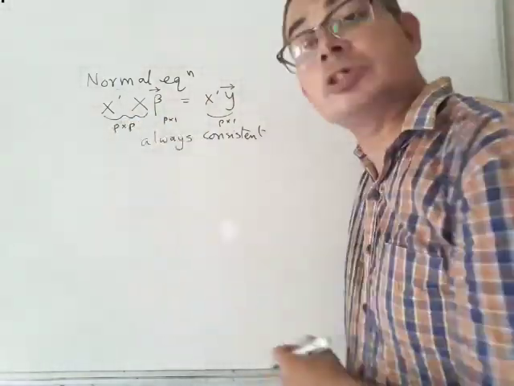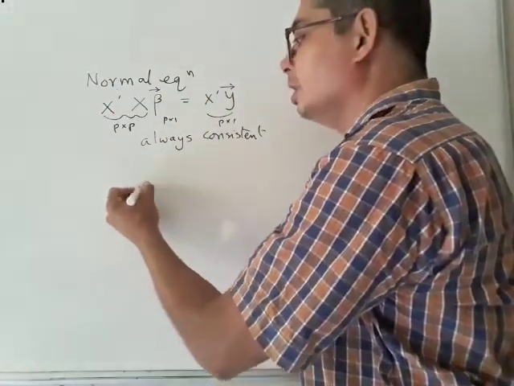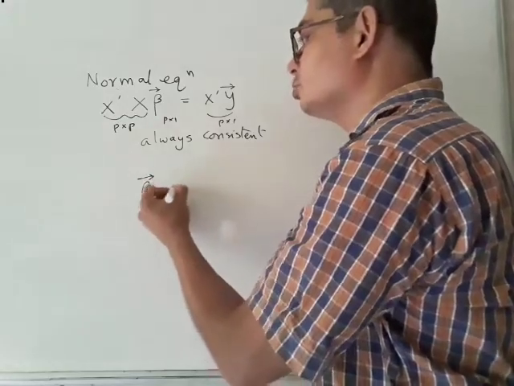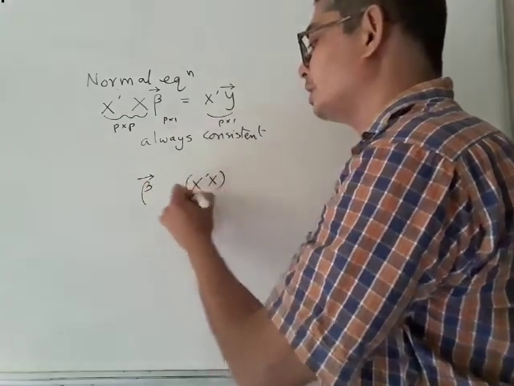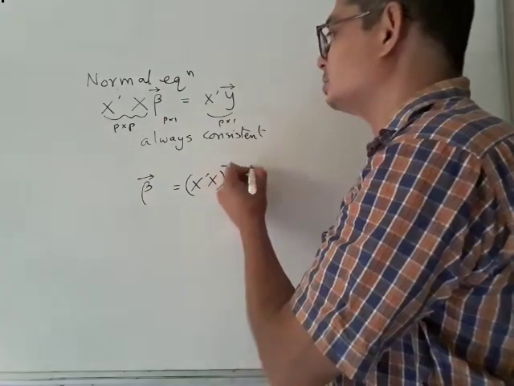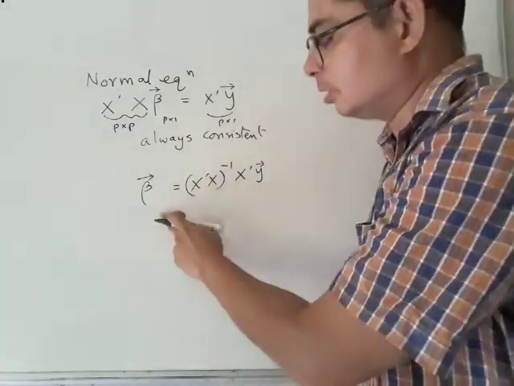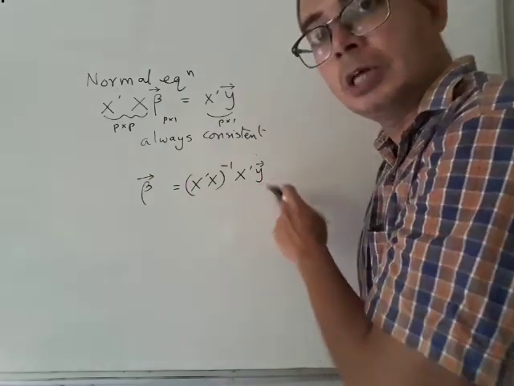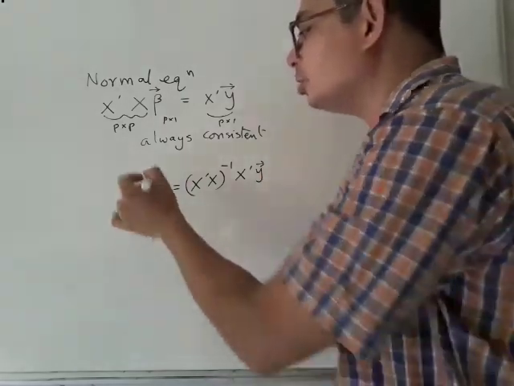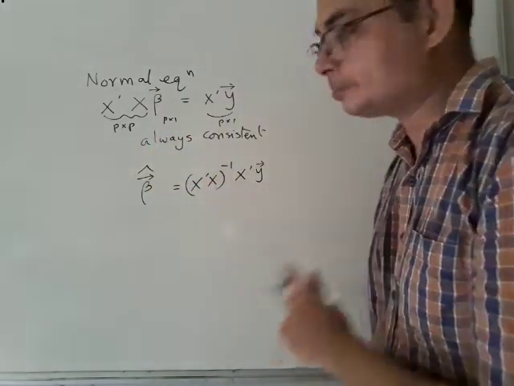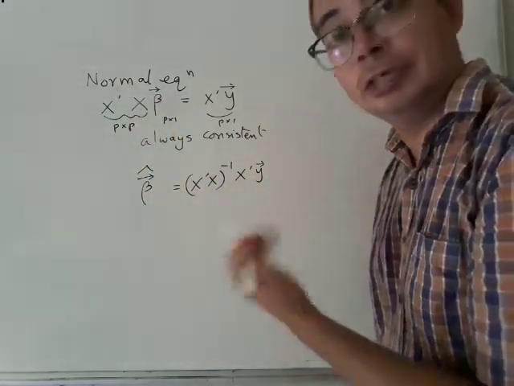If x transpose x also happens to be non-singular, you are very happy. You will get beta equal to x transpose x inverse x transpose y. And this is, of course, obtained from the data. This is part of the measurement, so we'll generally call it beta hat, in which case the solution is also unique.